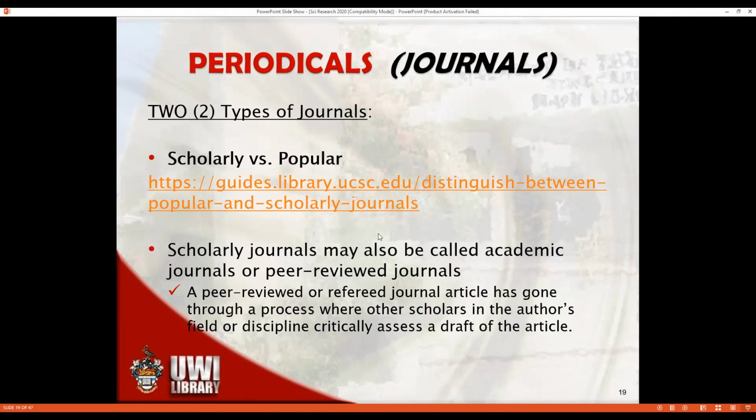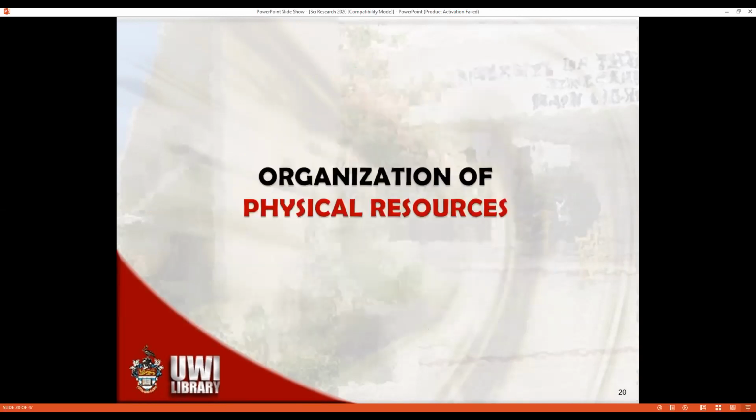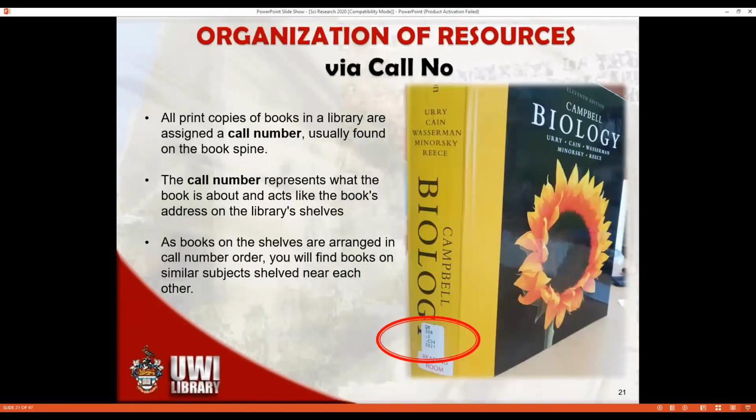Please use the link that Ms. Smith will share with you, this link here, to further explore key differences between scholarly and non-scholarly resources and how to identify each. Let us look at how the resources of the Mona Library system are organized.